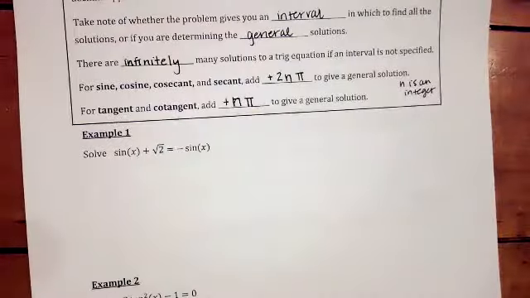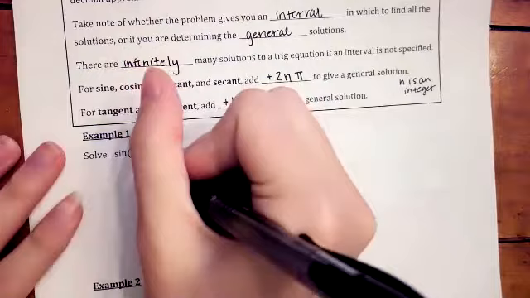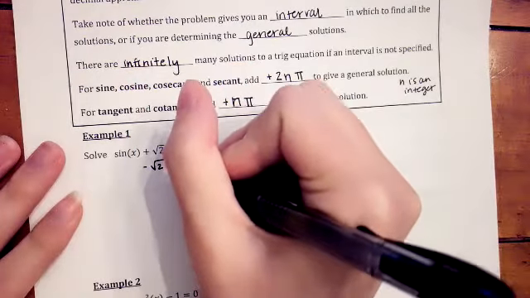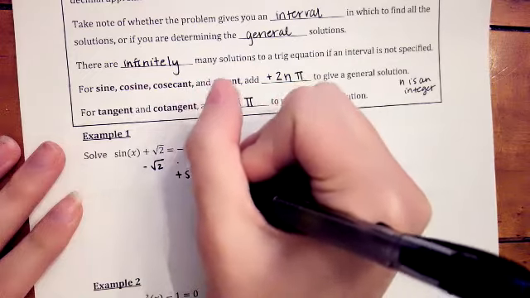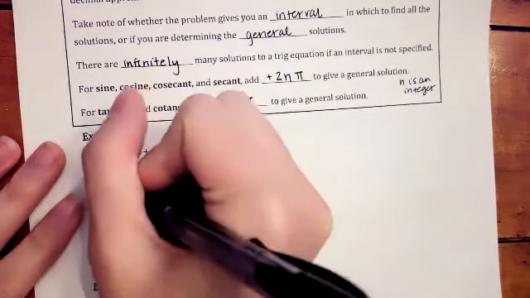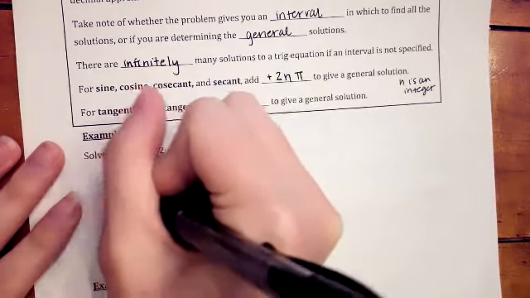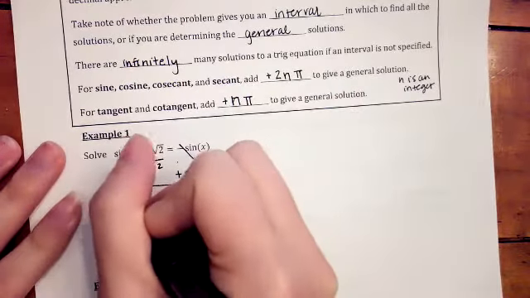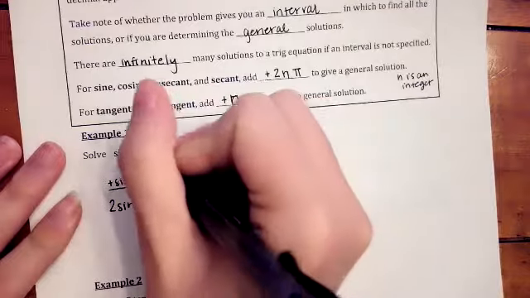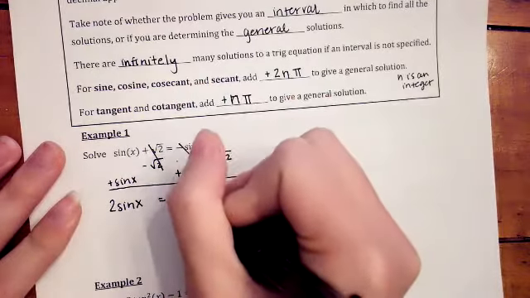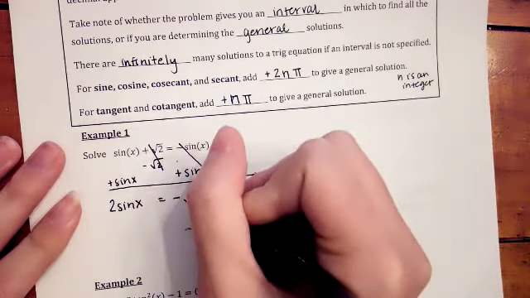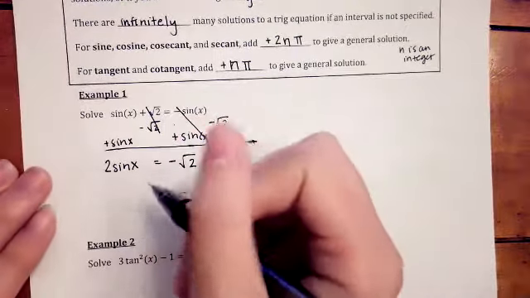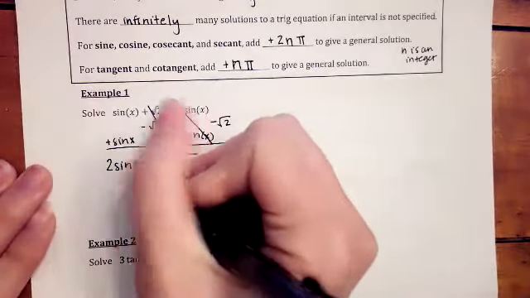So for this first example, I'm going to subtract radical 2 on both sides and add sine on both sides. That way, these are going to cancel. I'll get 2 sine x on this side. These will cancel, and I'll get that it is equal to negative radical 2. Okay. To get sine by itself, I'll go ahead and divide by 2.